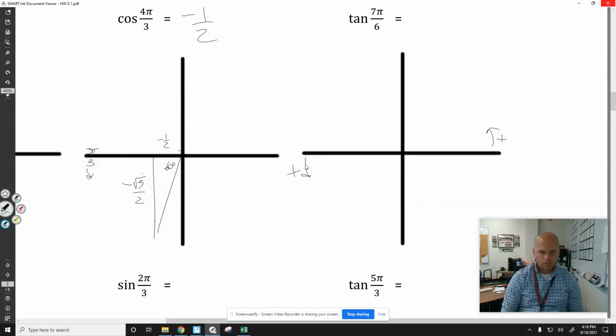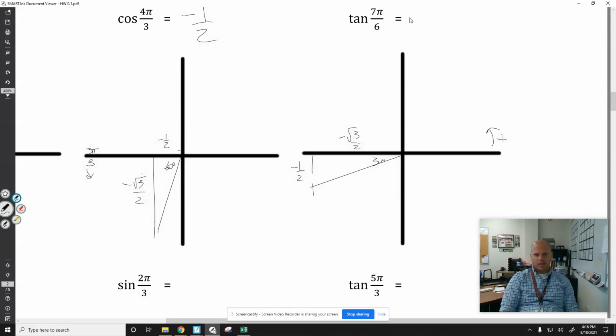So I'm right here, 30 degrees, creating my short 30, 60, 90 triangle. Going to the left, going down. I have both negative x distances and a negative y distance. Tangent, opposite over adjacent.